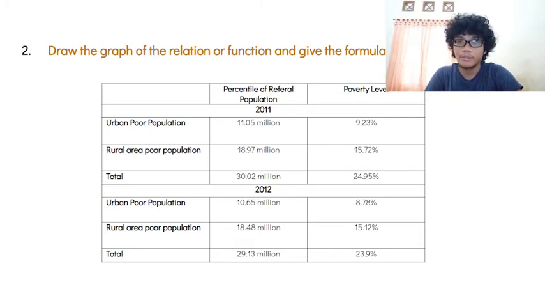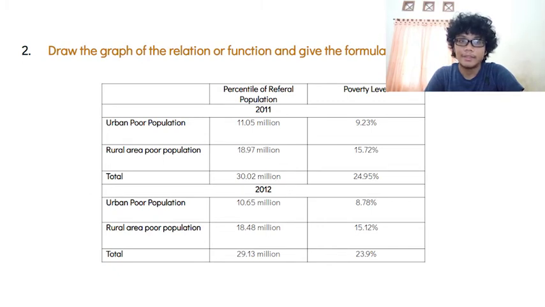In March 2011, the urban poor population reached 11.05 million, with a poverty level of 9.23%, and the rural area poor population is 18.77 million with a poverty level of 15.72%.